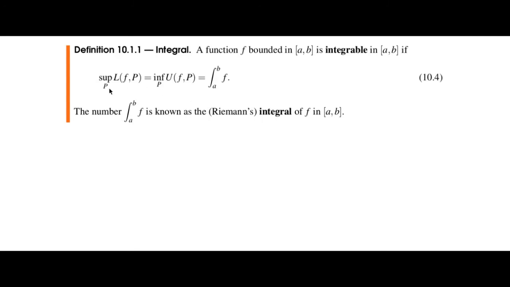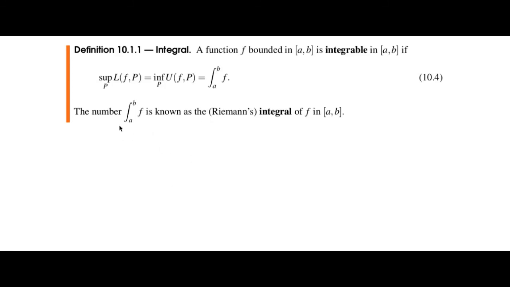So that means that if we get the partition for which we can make the lower sum as great as we can, that's the supremum, it has to be equal to the infimum of the upper sums. That means that this strategy that we have been making with the rectangles will coincide. Both the upper sum and the lower sum will merge together in the same value, and that value is what we call the integral between a and b of this function f.